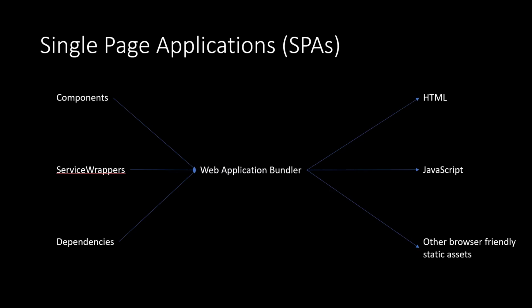The interesting thing with SPAs are the practices that have appeared around the building of SPAs, such as having web application bundlers. So this web application bundler is typically part of the deployment pipeline. And for many frameworks and approaches to building SPAs, the web application bundler turns components, service wrappers, and other dependencies into HTML, JavaScript, and other browser-friendly static assets.